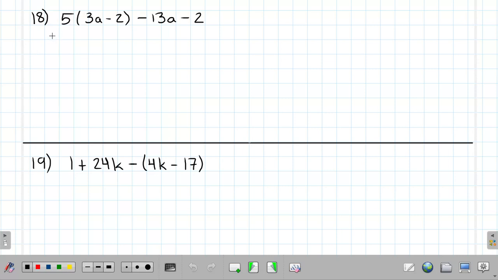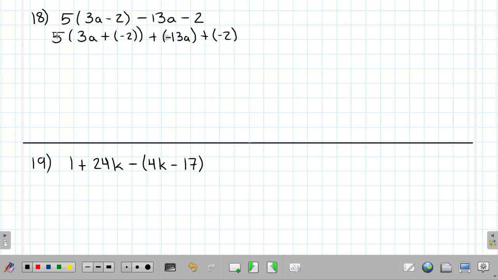But just like always, first step, I'm going to rewrite this as a sum. This one's a doozy to write as a sum because it's a lot of subtraction there, okay? But all I'm doing is taking every bit of subtraction and writing it as addition, so that way I can clearly see what my terms are.